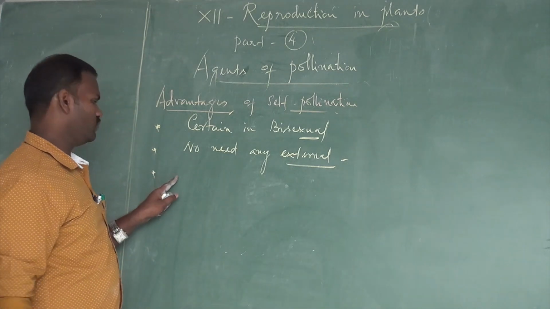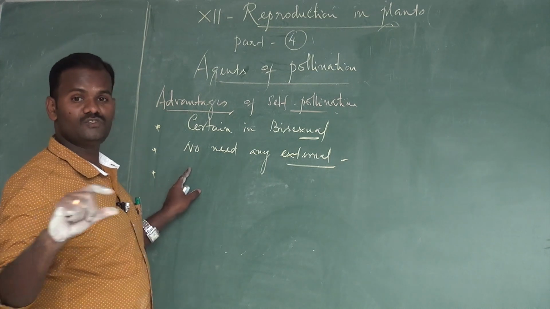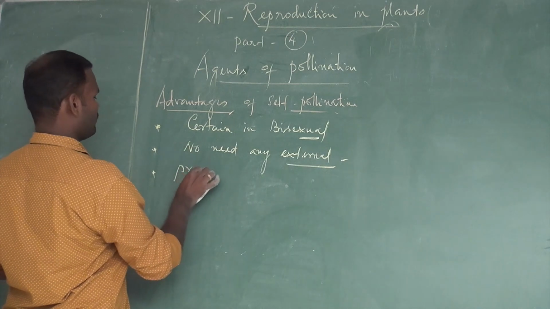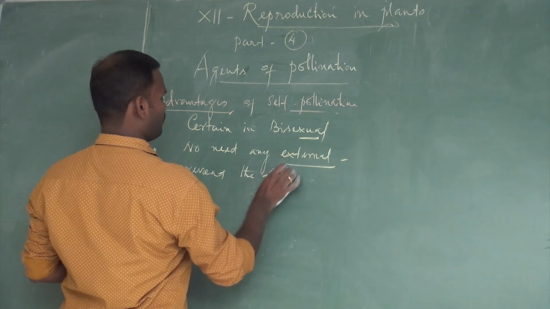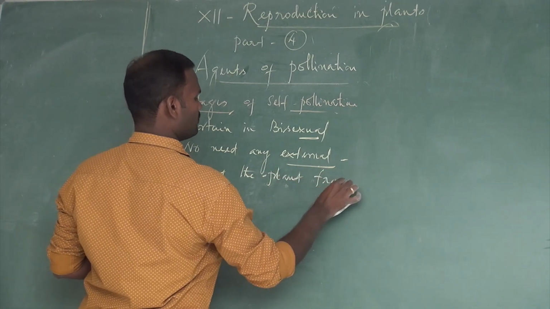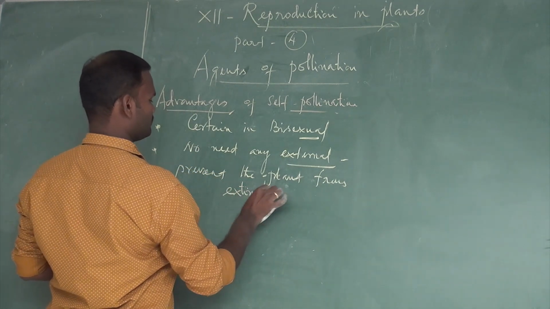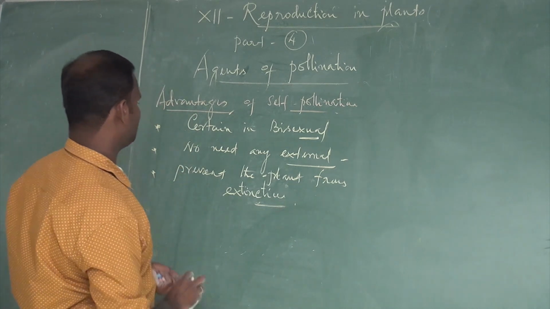So under this situation, only self-pollination is helpful to retain the number of species and prevent the plant from extinction. So these are the advantages of self-pollination.